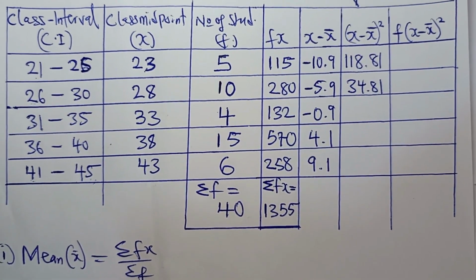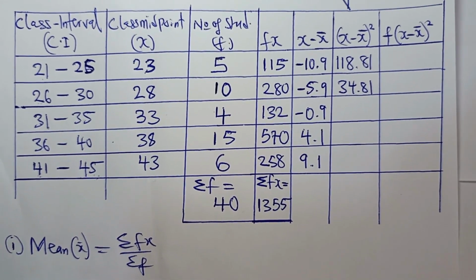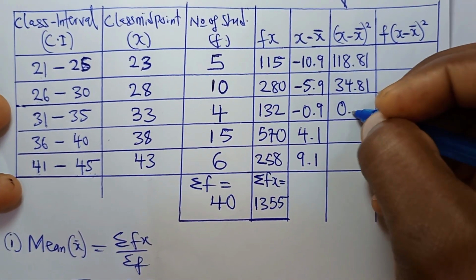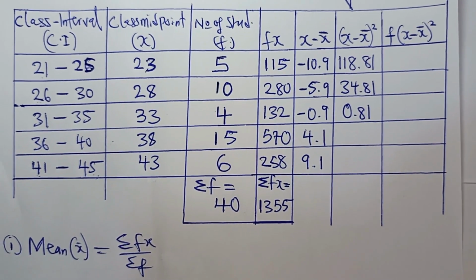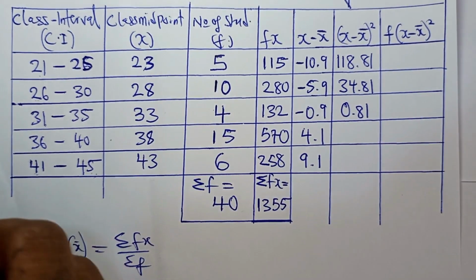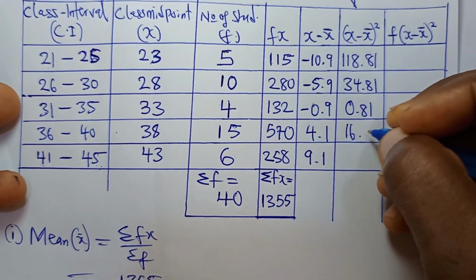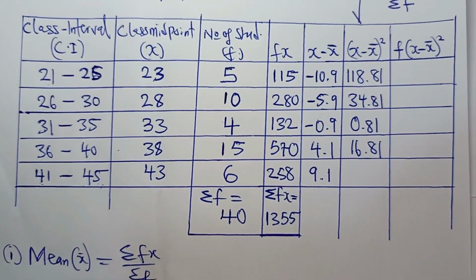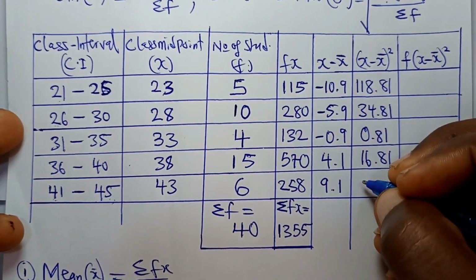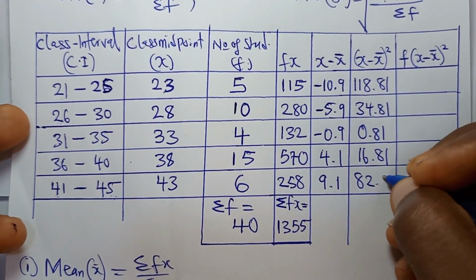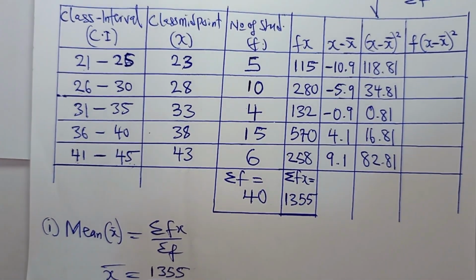Then I will square 0.9, which will give me 0.81. I will square 4.1, which will give me 16.81. And finally, 9.1 squared, which will give me 82.81. So what do we do now?